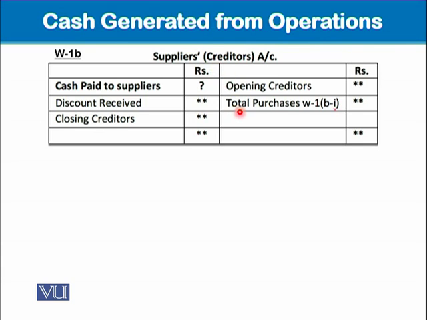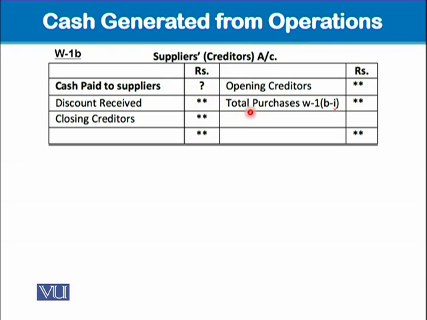Because now we have to place total purchases over here. These total purchases will include cash purchases as well as credit purchases. Discount received and other items which normally appear in the creditor's debit side are placed over here, meaning purchases returned, etc. And the balancing figure we will get is cash paid to suppliers.